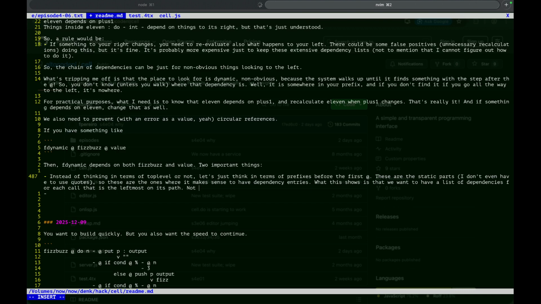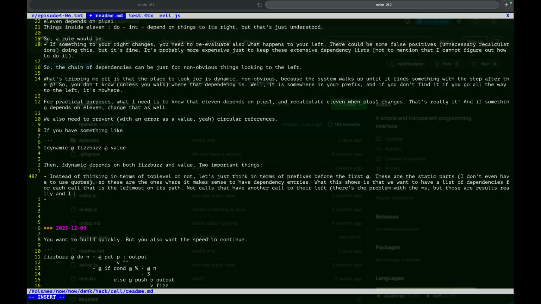Not calls that have another call to their left. There's the problem with the equals, but those are results really, and in any case the equals are replaced with ats.